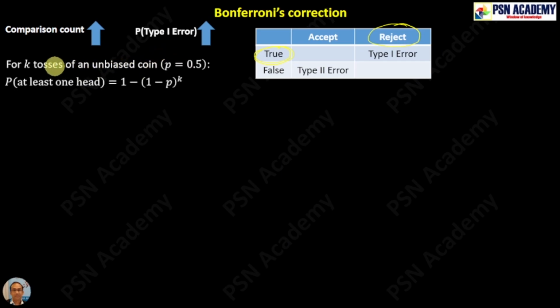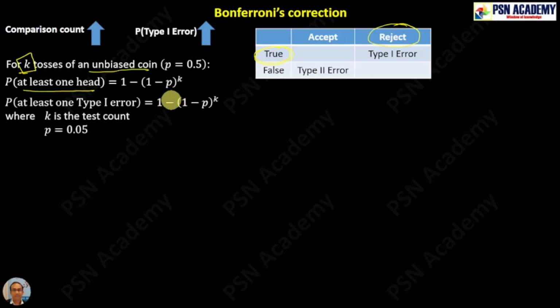For example, say there are k tosses, okay? So k times you are going for the trial of an unbiased coin. You have k tosses, and the probability for an unbiased coin is 0.5 for head as well as for tail, right? Now we already know that the probability of at least one head is 1 minus p raised to k. Now this p is actually your 0.5.